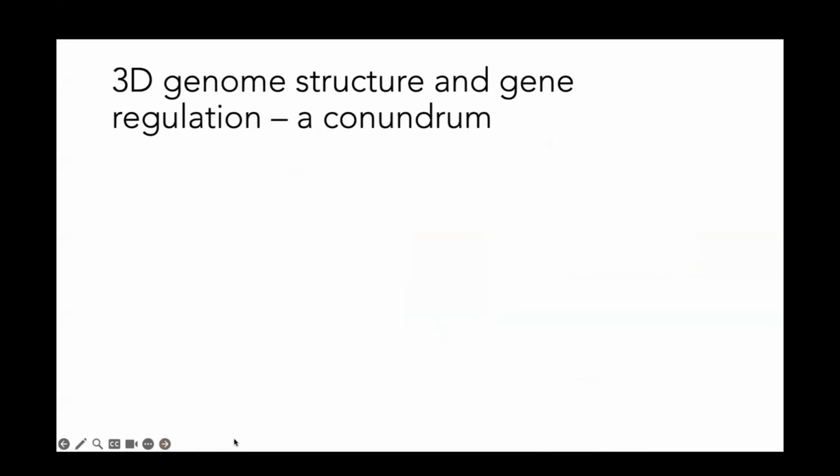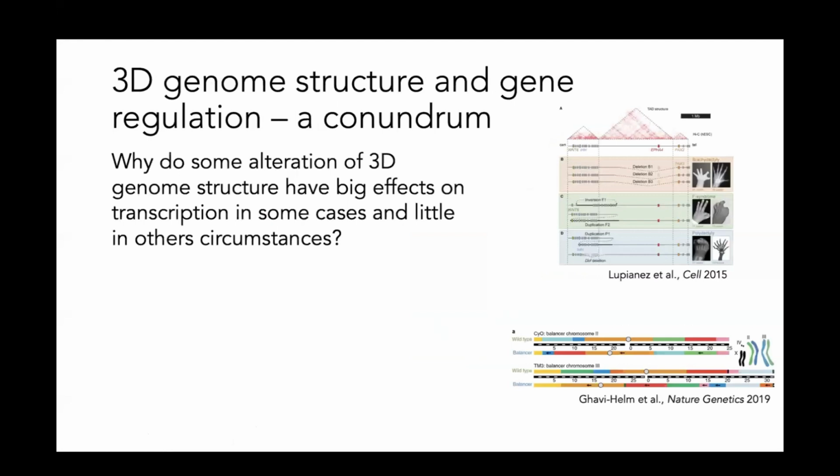So in my mind, this sets up a conundrum. Using several different methods to alter genome organization and 3D genome structure, we can see that there are some circumstances where there are really big impacts on gene regulation, but in many other cases there's very little impact at all. This has been a major focus of our lab for quite a while now, and I'm going to tell you two stories that we've been working on to better understand this.